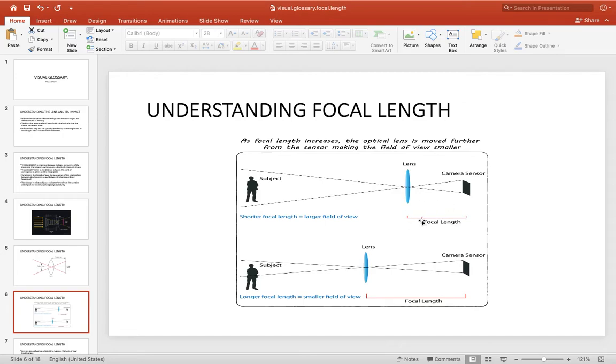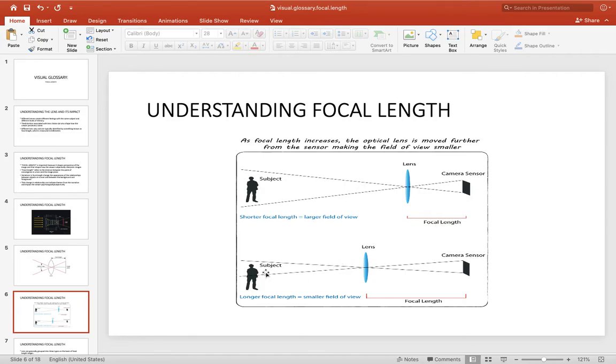So you can see here, this is a lens with a shorter focal length. And here we have a subject. I hope you can see my moving mouse. Here we have this subject, and the field of view includes all of the subject with this lens that is of shorter length.